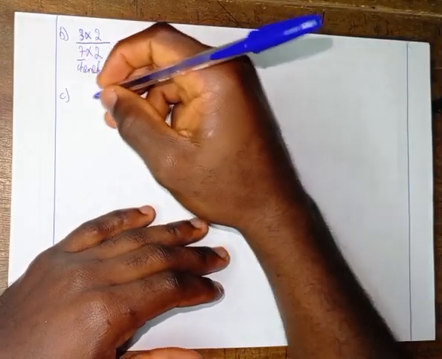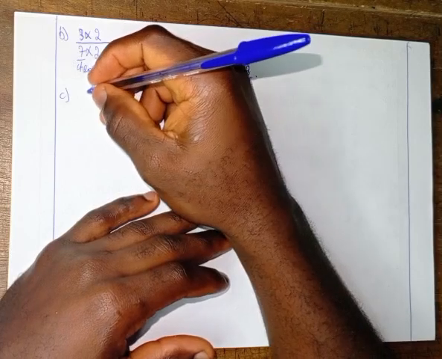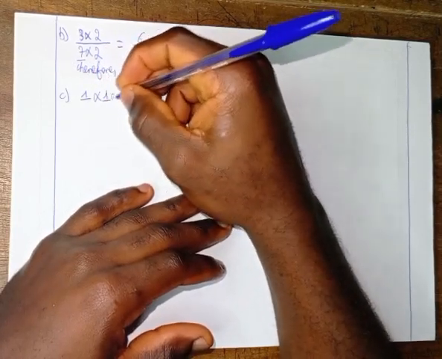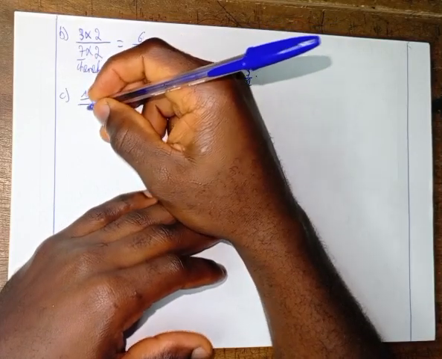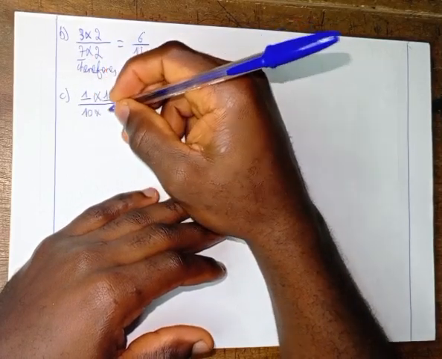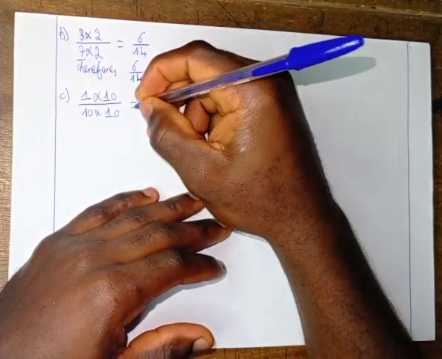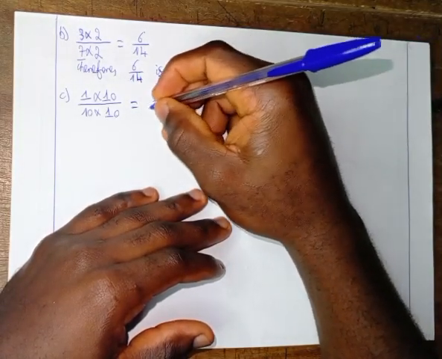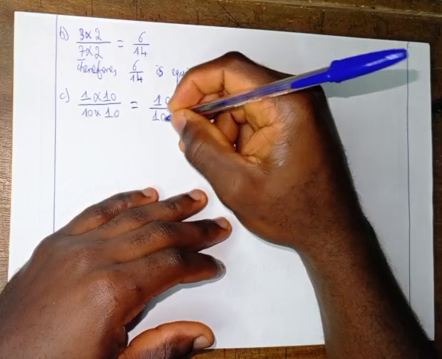We go now to C. We have the fraction 1 over 10. We are going to multiply both the numerator and the denominator in this case by 10. So 1 times 10 gives 10, 10 times 10 gives 100.